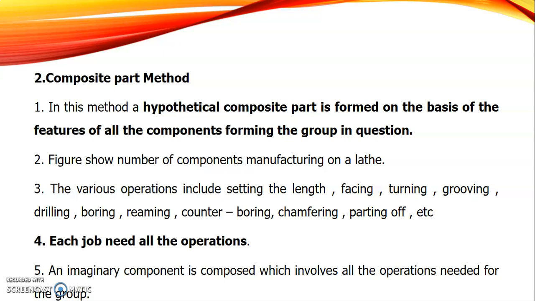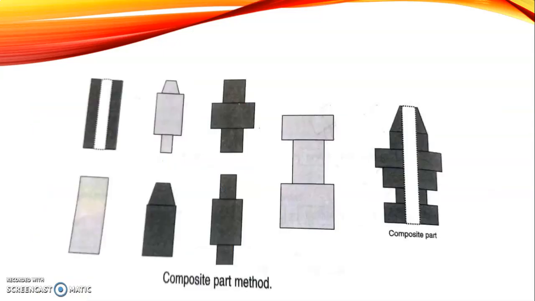The second one is the composite part method. In this method, we are identifying the part families based on the manufacturing operations or components. For example, the following figure shows the operations on a lathe. You can see the image.